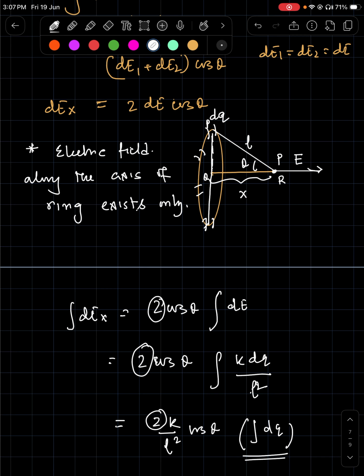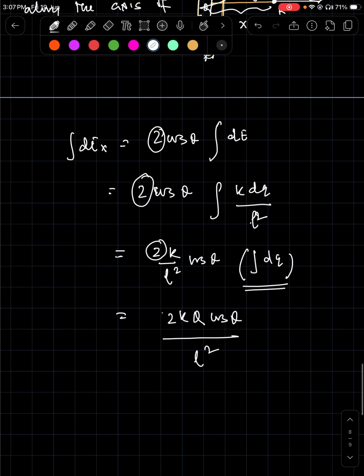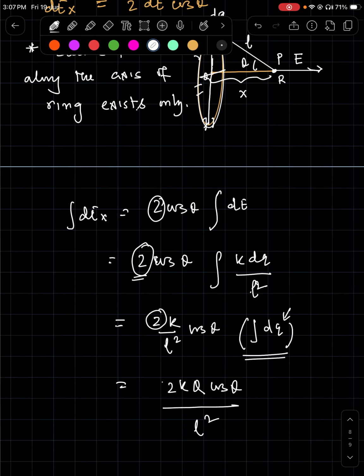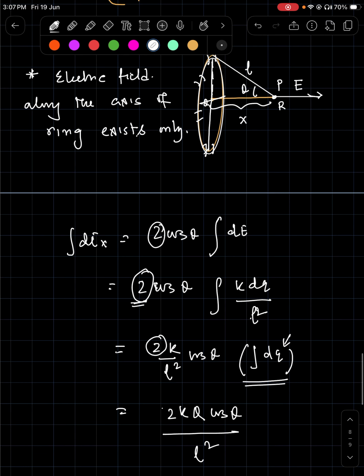When the integration is taken, we take dq over the full charge, but the factor 2 taken outside already counts the pairing of elements.